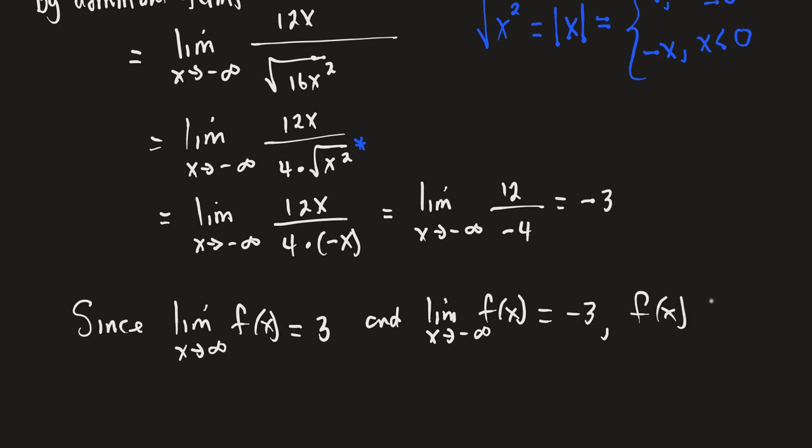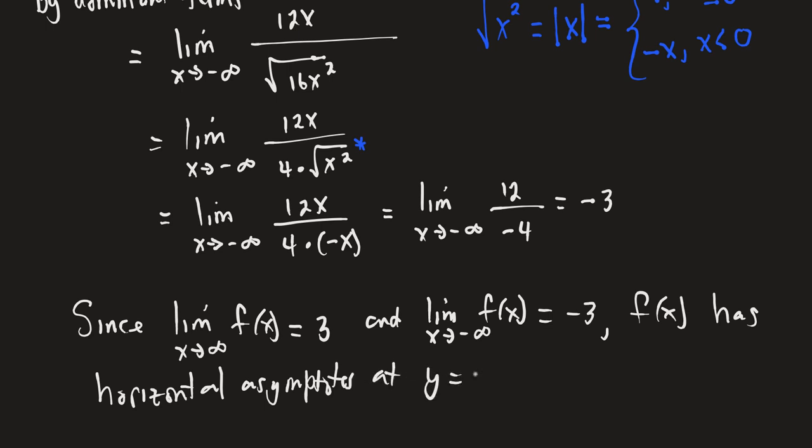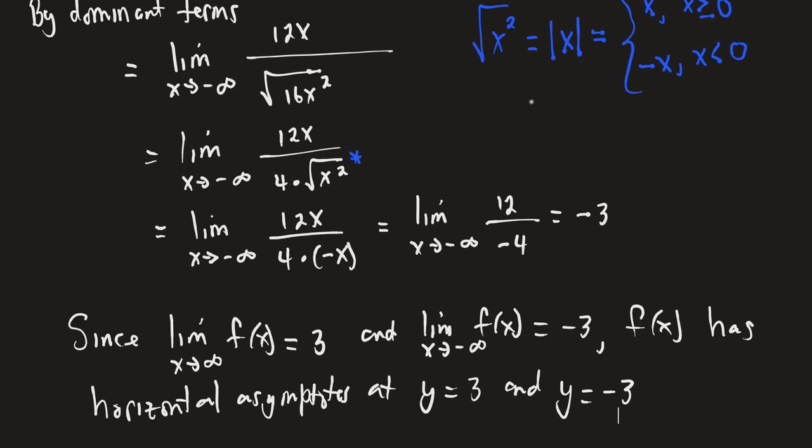Right, so f of x has horizontal asymptotes at y equals 3 and y equals negative 3. It doesn't always work out that way, right? It just depends on what type of root and whether you have to apply this property or not.